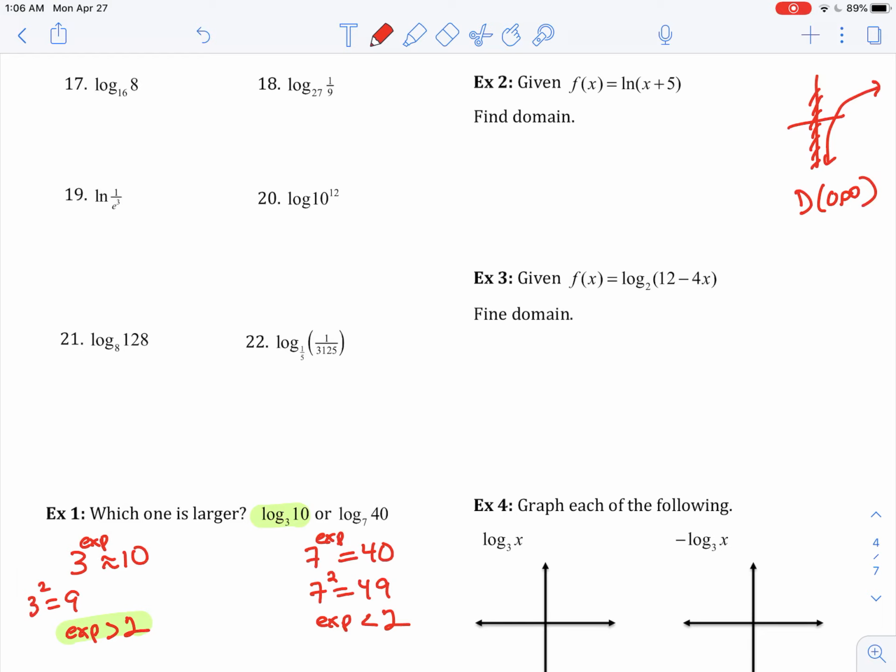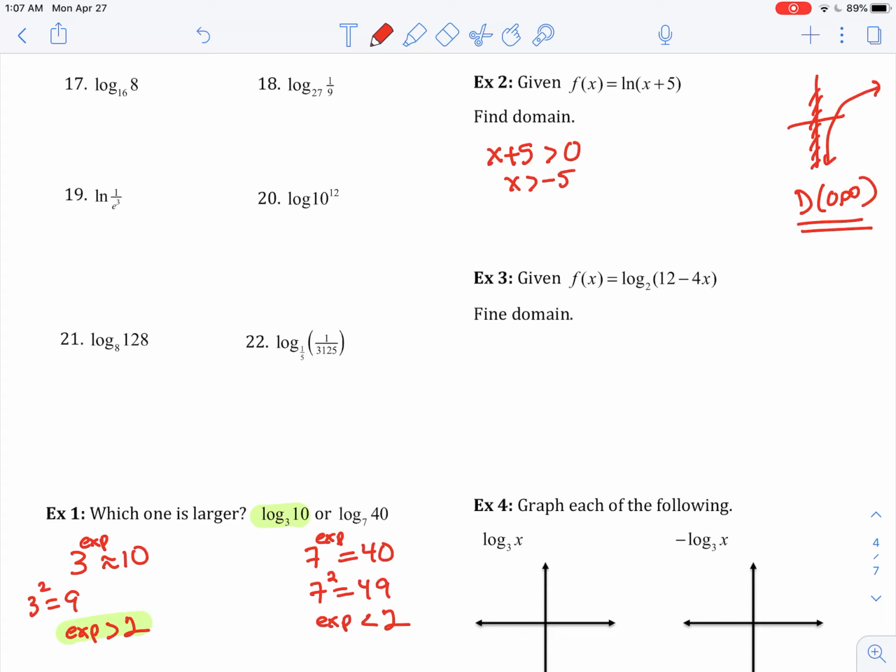On number 2, if we are taking the natural log, our function is the natural log of x plus 5, we want to find the domain. Well, anything you take the log of, in this case x plus 5, we need that quantity to be greater than 0, because our domain with our basic logs is always something that is larger than 0.